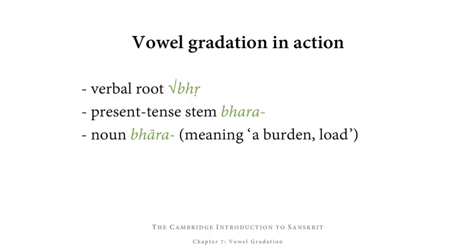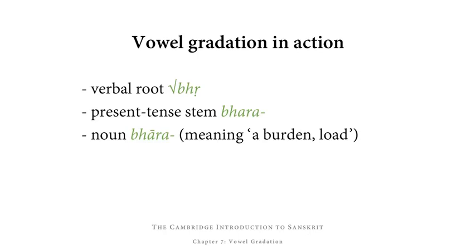So what we have here is in the verbal root the vocalic ṛ, bhṛ, but in the present tense stem we have an r that is preceded by a short vowel a, and in bhāra we have this r being preceded by the long vowel ā.